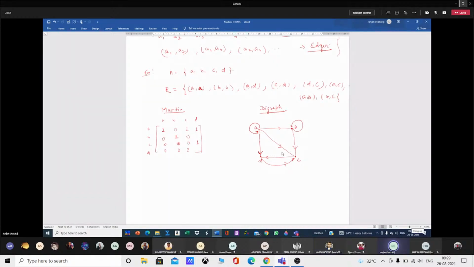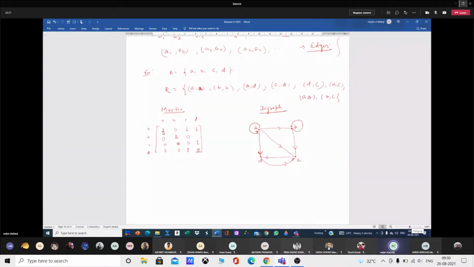Yes, sir. Now you see here, from this matrix, one more thing: from here you can easily characterize the relations. If all the diagonal elements are 1, then it is reflexive. If each node has a loop, then it is reflexive.